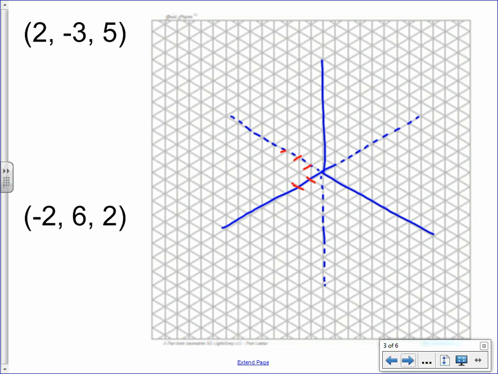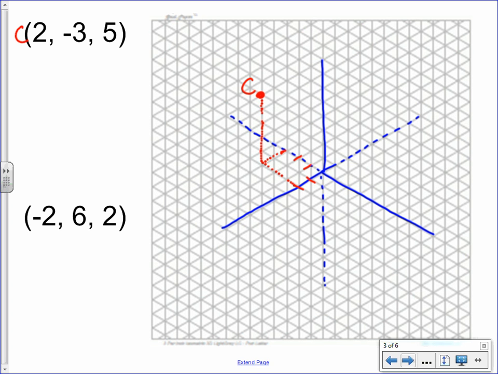So I would like you to make a little rectangle there. And so now our point is sitting here in the XY plane. And so then we're going to move it up 5 from that point. 1, 2, 3, 4, 5. There's point Z.